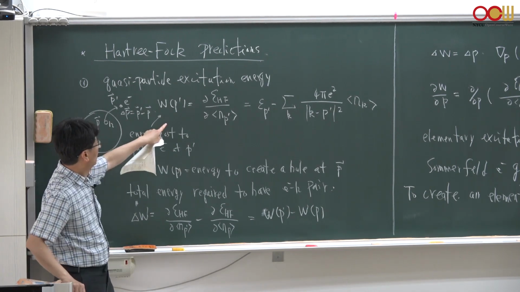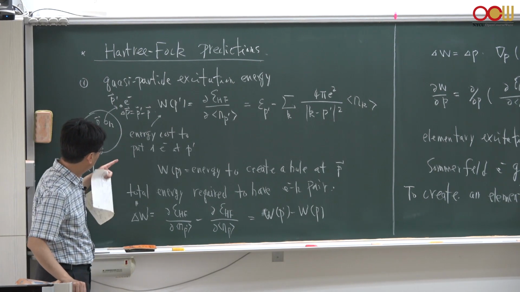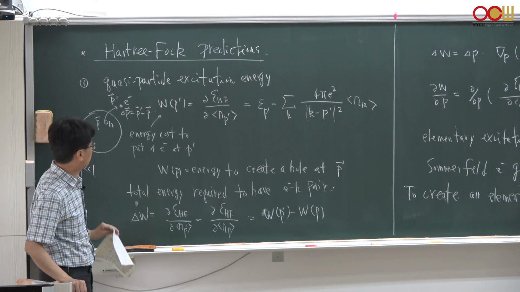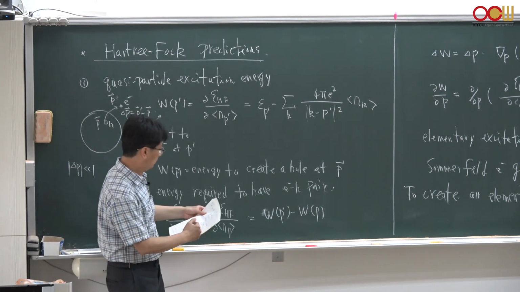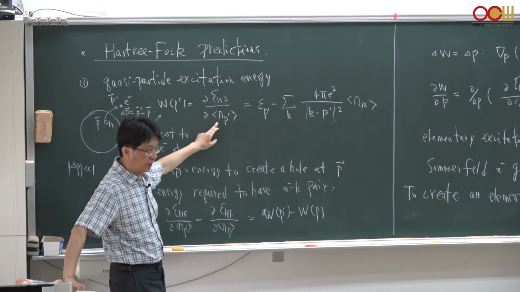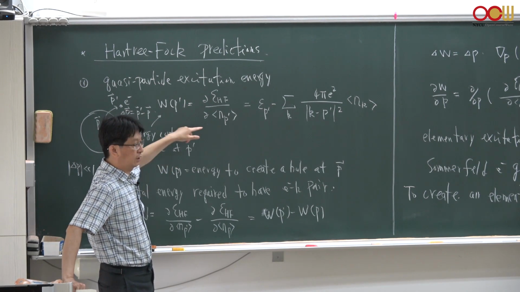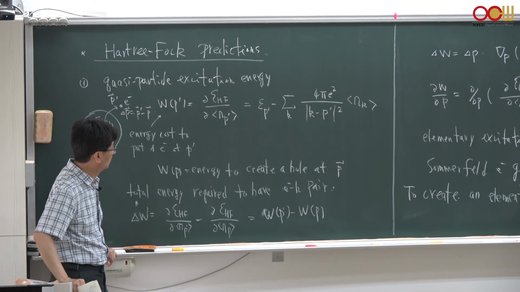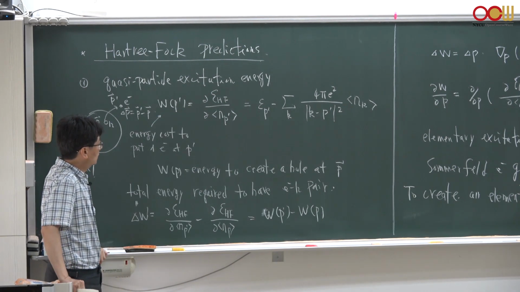So last time, we started to compute this energy cost required to put one electron in the excited state with the momentum p prime, which is given by this partial derivative of the Hartree-Fock energy with respect to the occupation number, which is the energy required to put the electron in the state p prime per electron number, and which is given by this result.